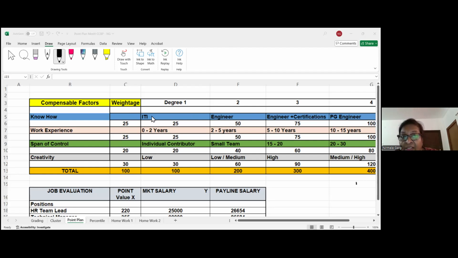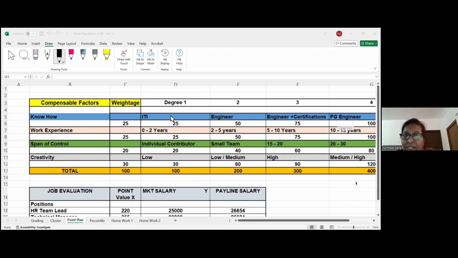So definitely there is a difference between ITI, which is lower, and engineer. In degree 3, it is engineer plus certifications. And in degree 4, it is a post-graduation as well with an engineering qualification.